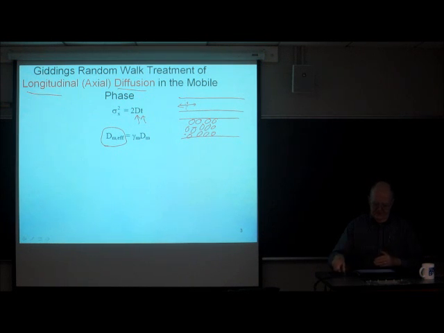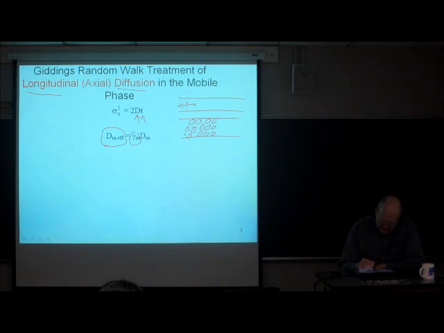These molecules of solute are going to bang into those particles, if you will. And that's going to slow them down. It's going to make diffusion slower. And that's what this factor is called, this gamma sub m.